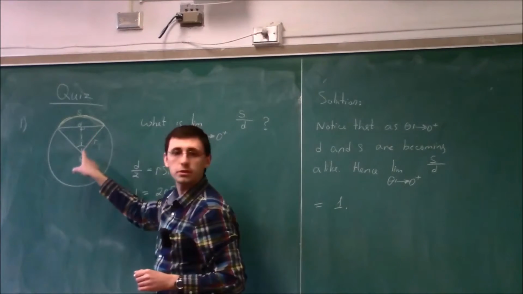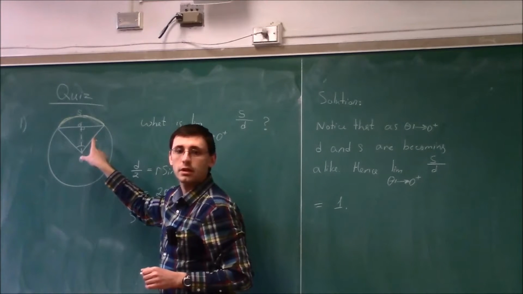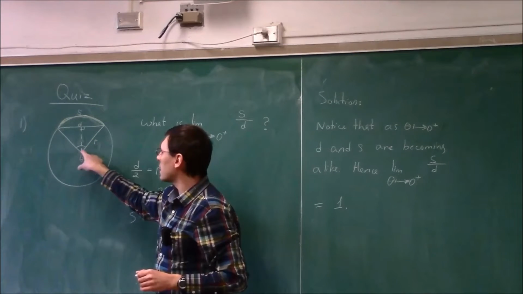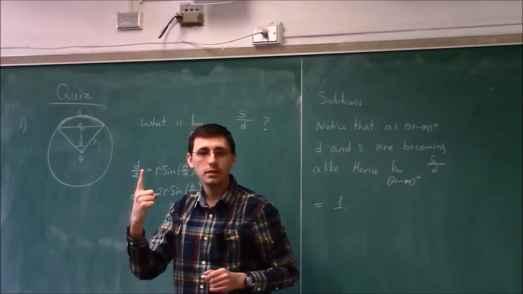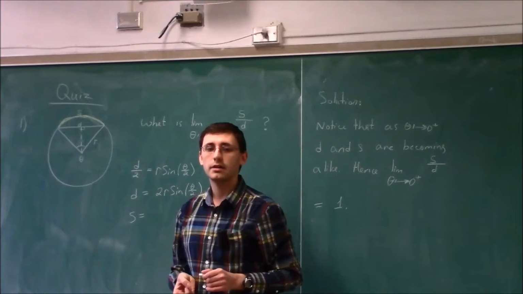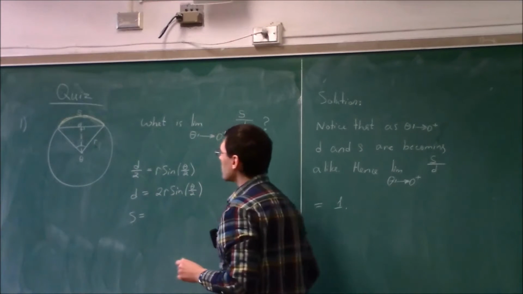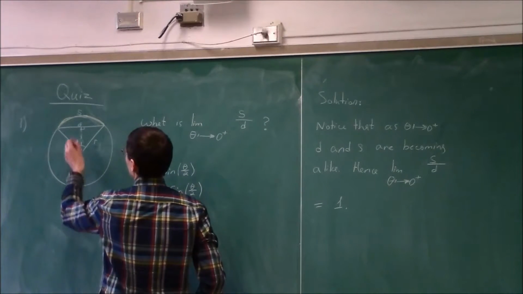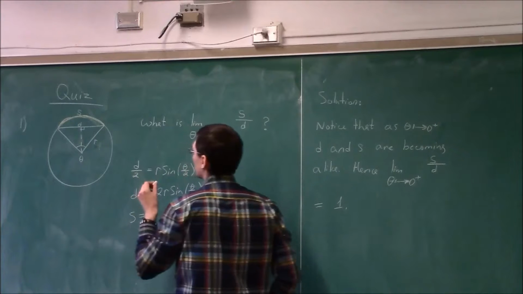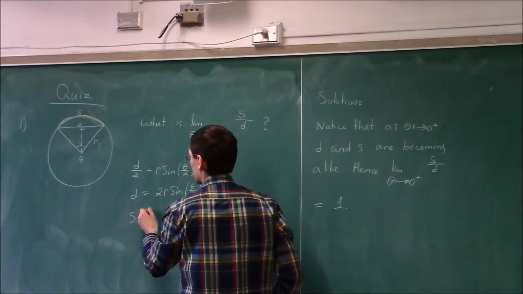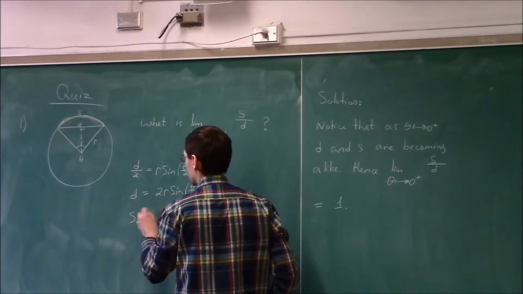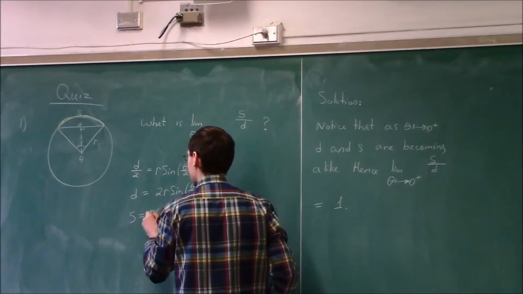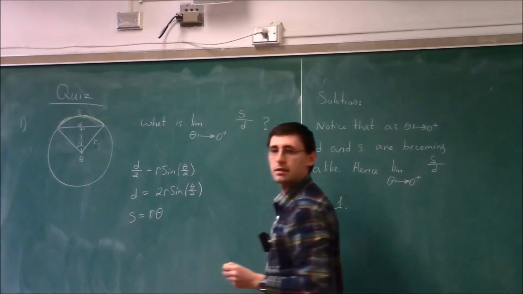We're measuring the circle using some other units. So in those units, the length of the radius is not 1. The length of the radius is some number r. So s is theta times r, or r times theta.